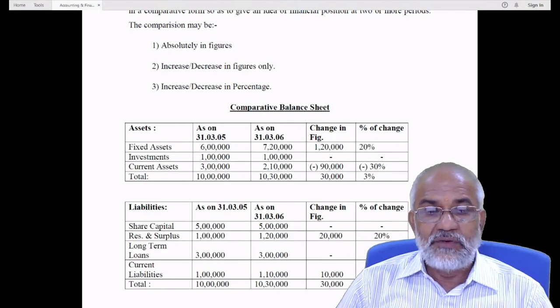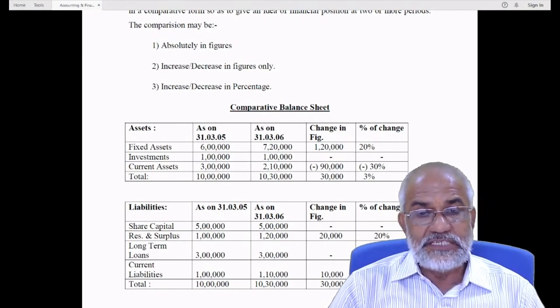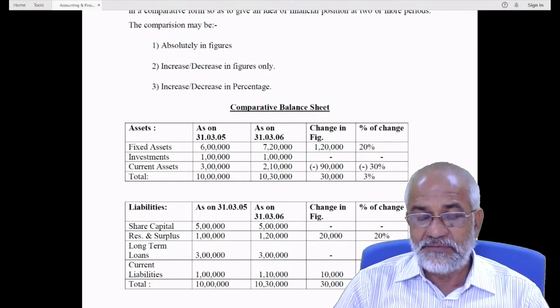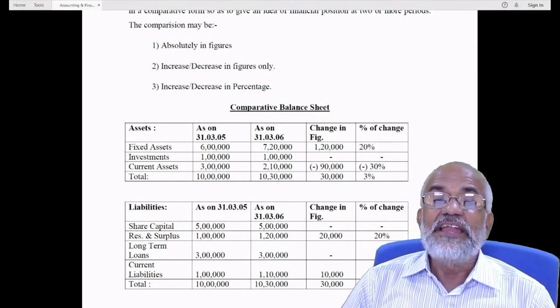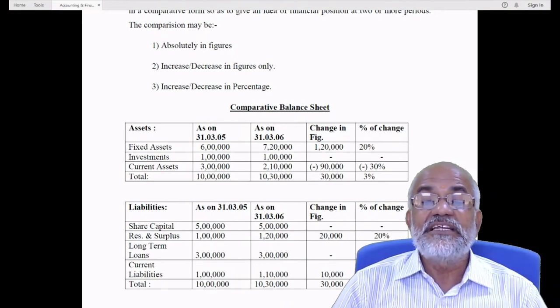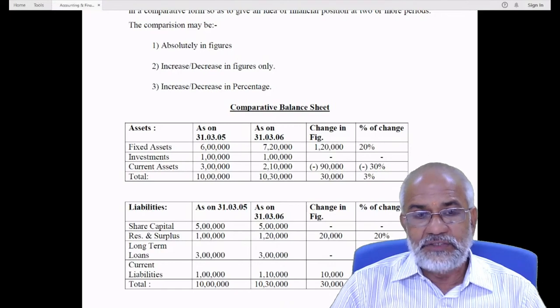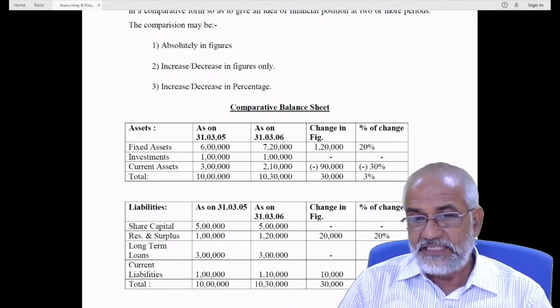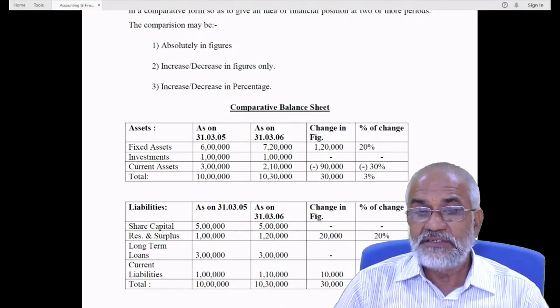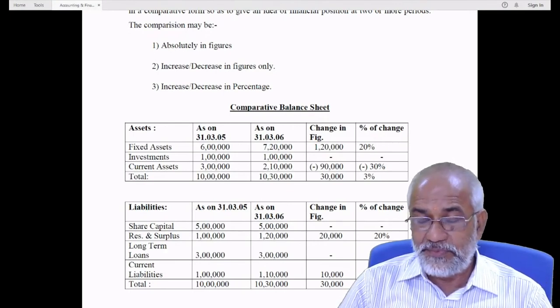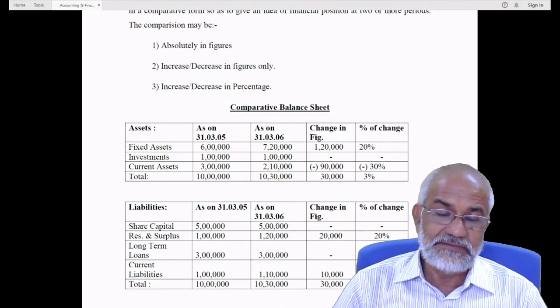So in total, when we consider all the assets into consideration, the total of assets was 10 lakhs as on the end of the first year, and it was 10 lakhs 30,000 as on the end of the second year. So in totality, the total of assets in change in figures is positive 30,000. And when that is represented through percentage of change in figures, that would be 3%.